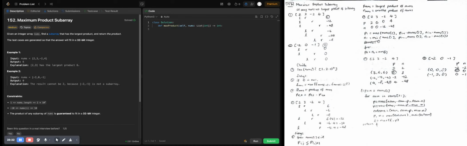Okay, and then as we move along, we will get our answer. This way, we are gonna keep on updating the positive and negative to a larger value. And how do we know when we get the maximum?